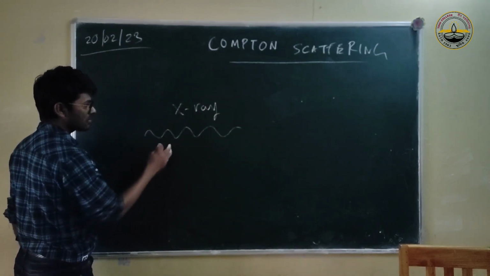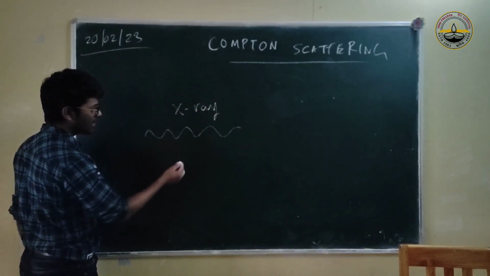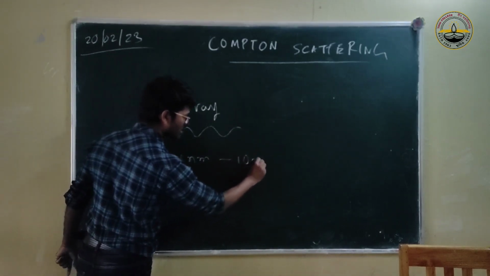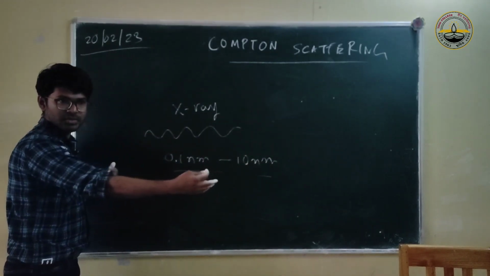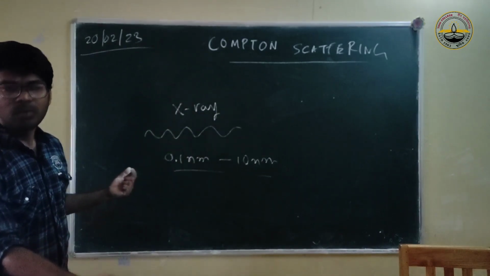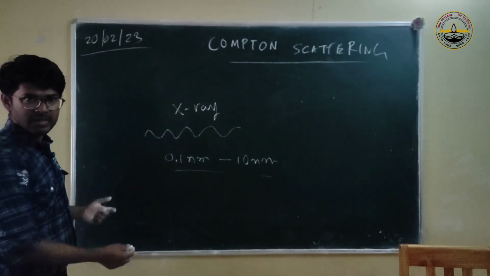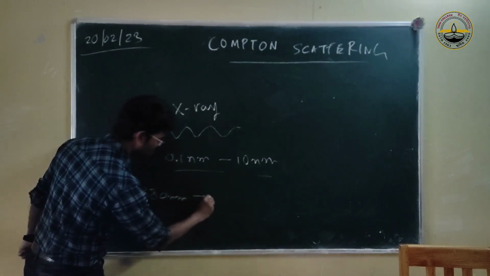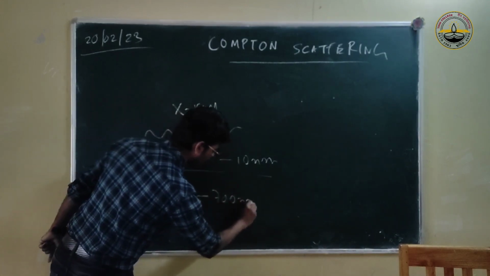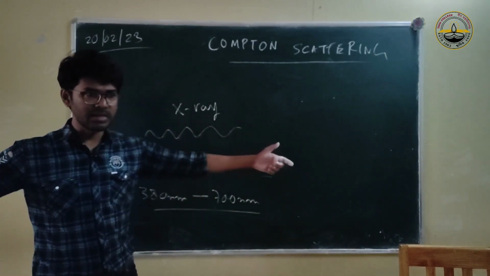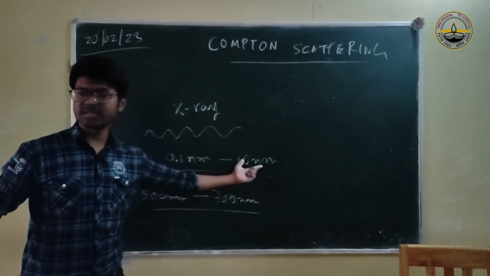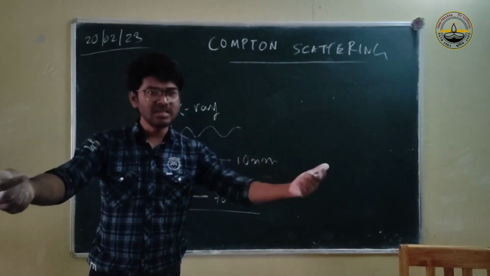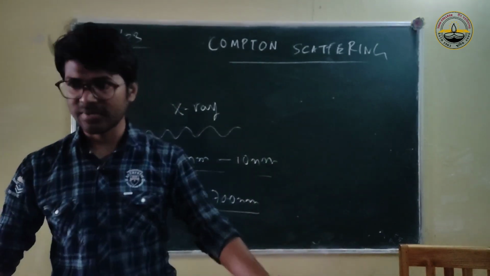X-ray is just light. Just its wavelength is about 0.1 nanometers to 10 nanometers. This range is X-ray. What is the visible range? It's about 380 nanometers to some 700 nanometers. That's all our visible light, and this is our X-ray range. Smaller the wavelength means higher the frequency, means higher the energy.